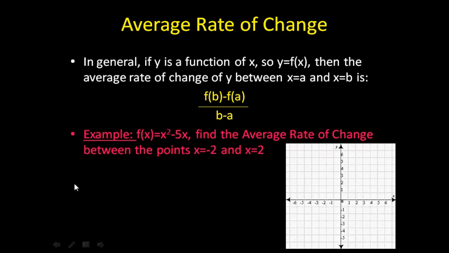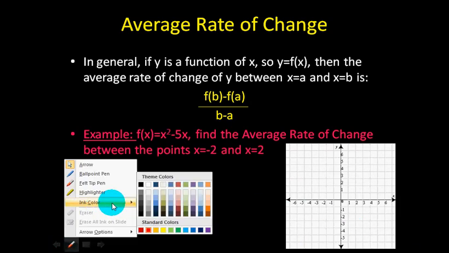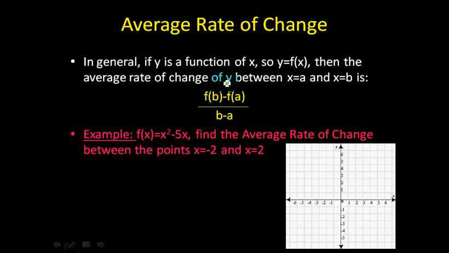So let's say we have a circle, and on the circle we have 2 points, point A and point B. Average rate of change will show the change between those 2 points. So that is referred to as a secant line because there are 2 points. It's the change between A and B.